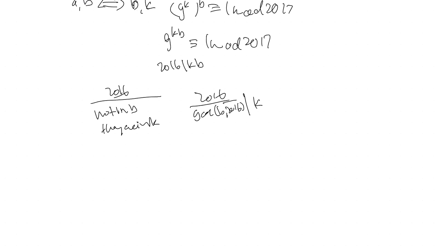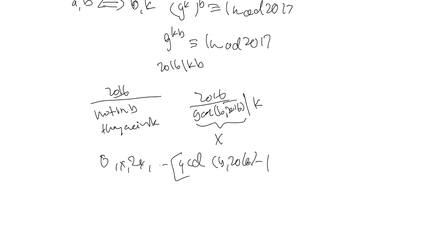So first we're going to call this part x, so you don't have to write it over and over again. 0 obviously works, x obviously works, 2x, all the way to (GCD(b, 2016) minus 1) times x. If we go over this, we hit 2016 and that's bad, so this is our maximum.